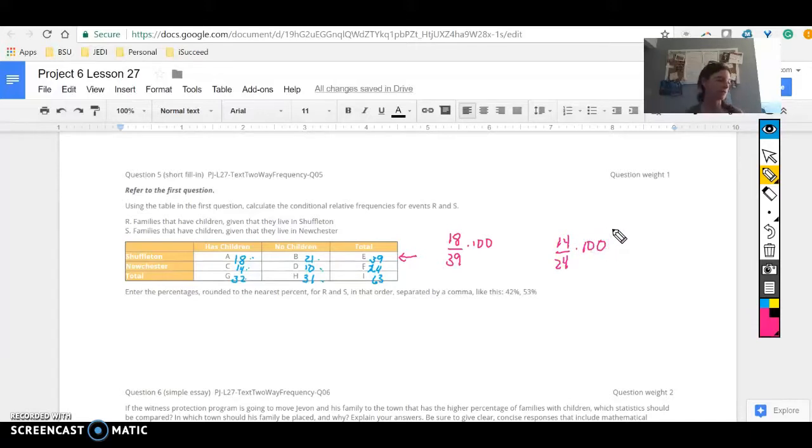All right, so let's do those calculations real quick. 18 divided by 39. So 46% of families in Shuffleton.